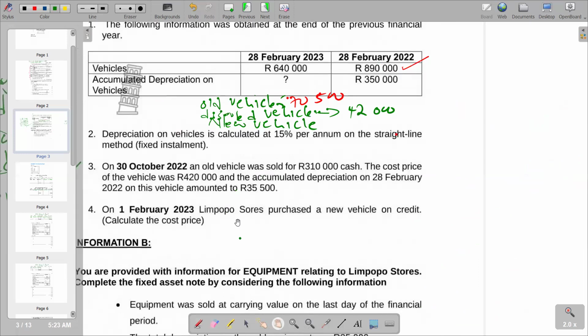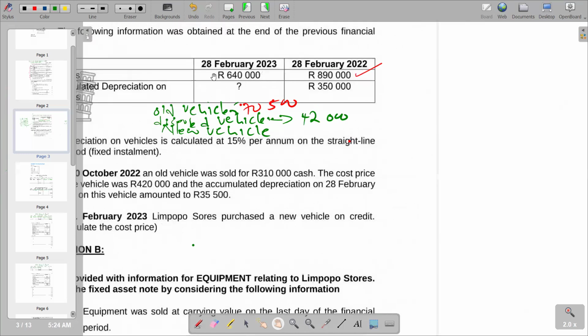On 1 February 2023, Limpopo Stores purchased the new vehicle on credit, calculate the cost. So we are not given the cost price that we have there for the new vehicle. So you need to first calculate that cost price.